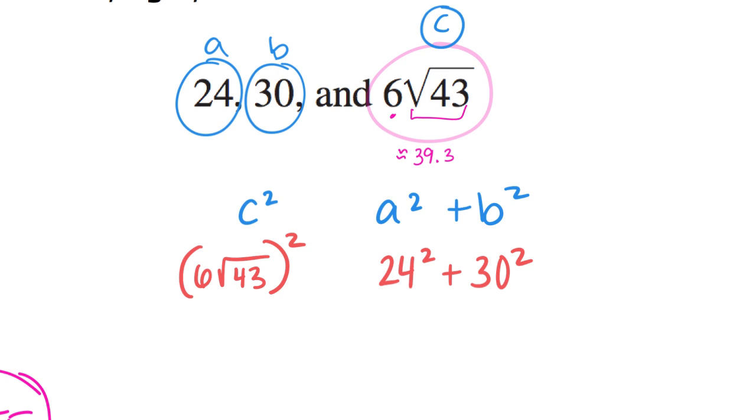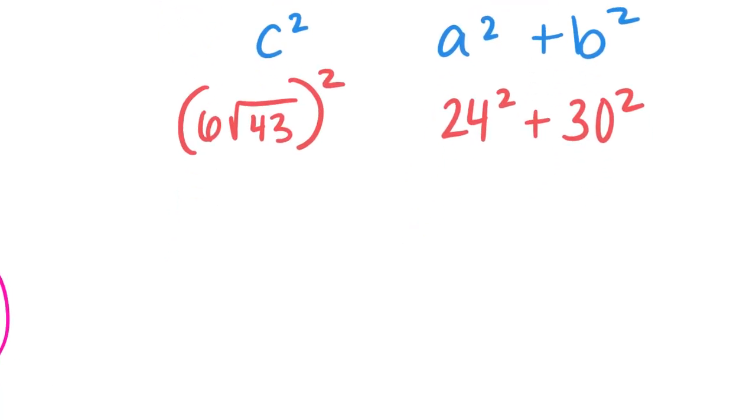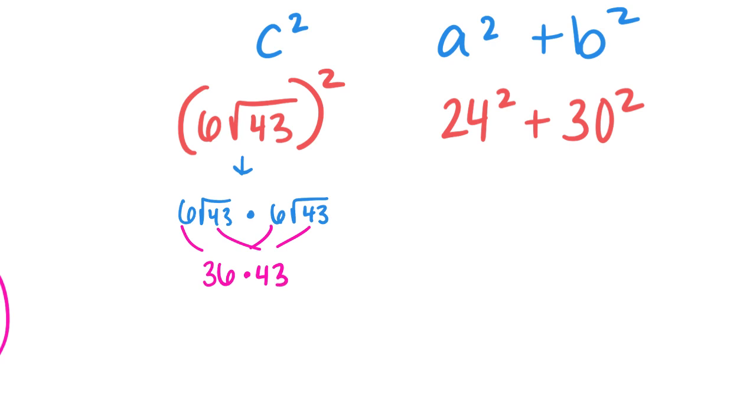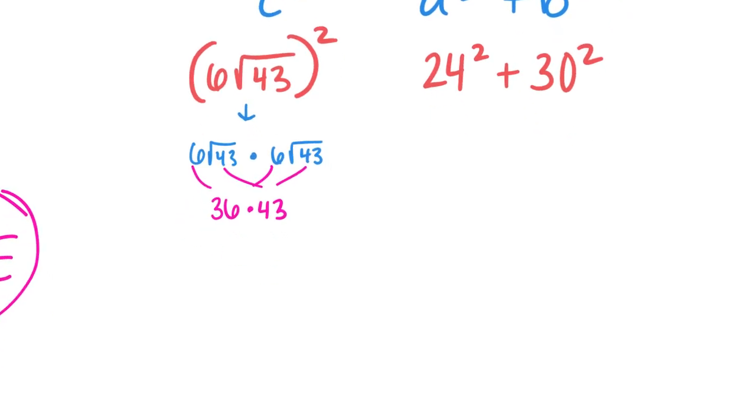Okay, so to do 6 times the square root of 43 squared, it might help to actually write it all out. So remember, this is the same thing as 6 root 43 times 6 root 43. You're just multiplying it by itself. So we can multiply the 6's, that's 36. And then when you multiply the square root of 43's, it's just going to turn into a regular 43. So this is the same thing as 36 times 43, and if you multiply that out, that equals 1548.